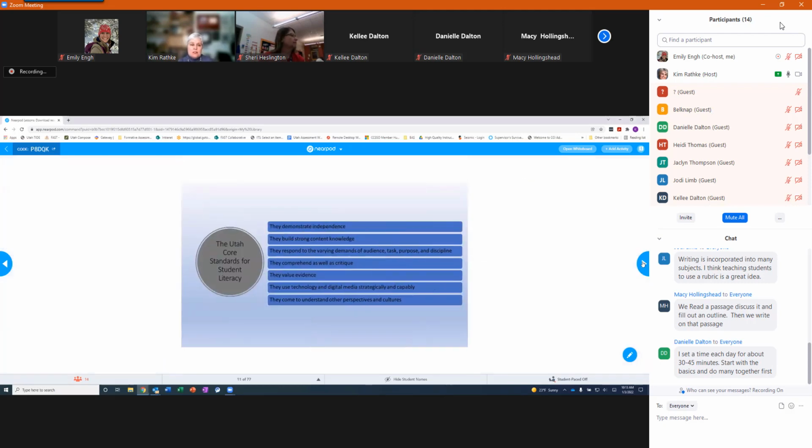One of the things I want to talk to you guys about is the fact that there are Utah Core standards for student literacy. And we talk a lot about what standards are. And student literacy, if you notice, it doesn't say in a certain subject. It literally says student literacy. And all of these areas that are listed on here about demonstrating independence and content knowledge and understanding the varying kinds of audience and valuing evidence and learning to use technology and digital media and understanding perspectives and cultures.